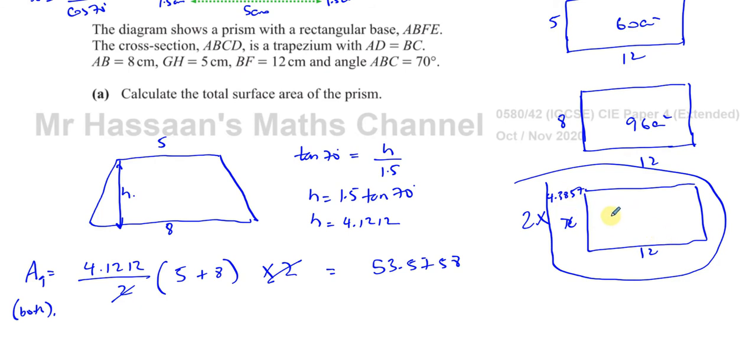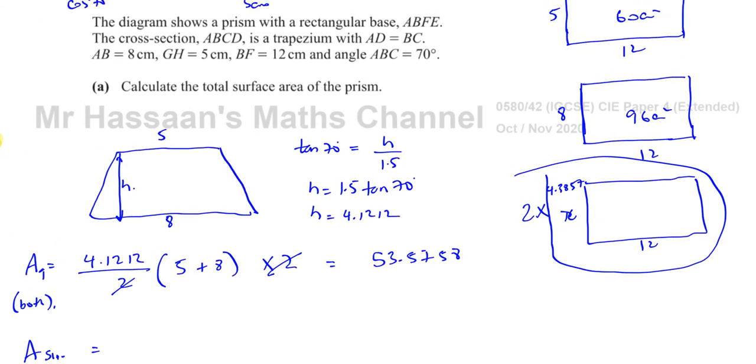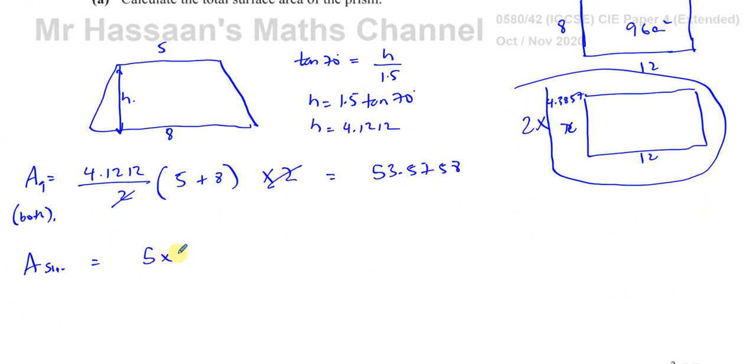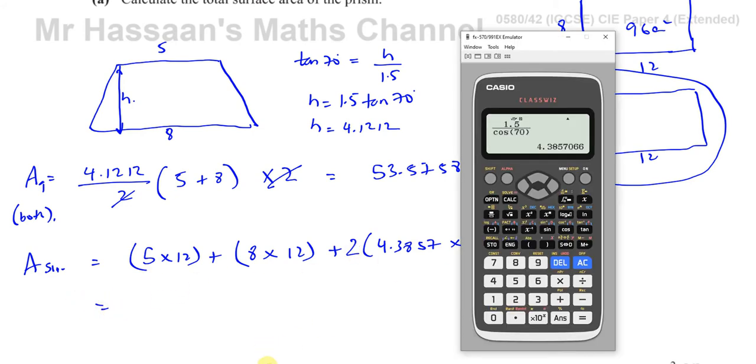So we have 2 of these rectangles. So if I find the area of the sides, we have basically 5 times 12, which we already found, is 60, plus 8 times 12, which is 96, plus 2 times 4.3857 times 12, and that will give us the area of all the sides.